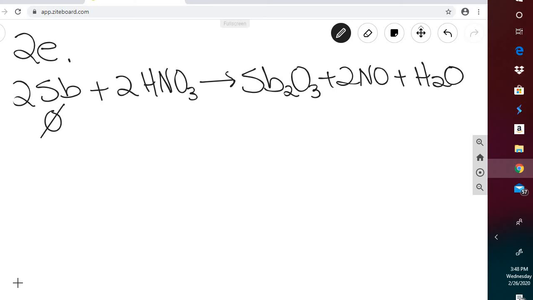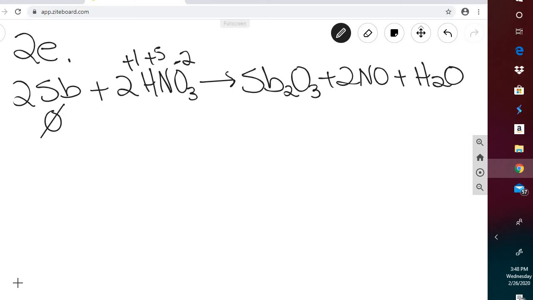Then over here we know hydrogen is +1. We don't have a rule for nitrogen, but oxygen is usually -2, so we have -6 and +1. The charge on the whole molecule is 0, so that means the nitrogen needs to be +5.